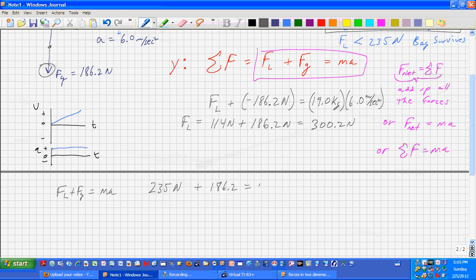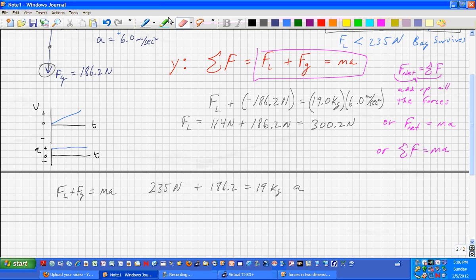That's going to be equal to the mass, 19 kilograms, times, this time I don't know a. Really what I'm looking at is if a is greater than 6, then, oh, what am I looking at? I'm not sure. Let me figure this out and then I'll tell you what I mean.